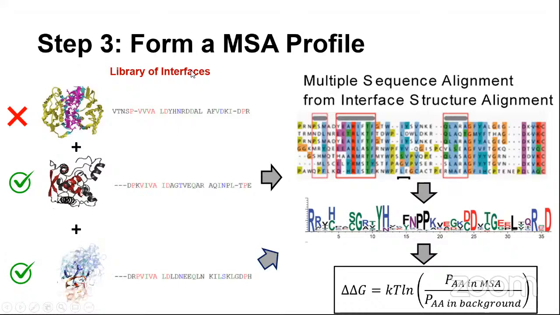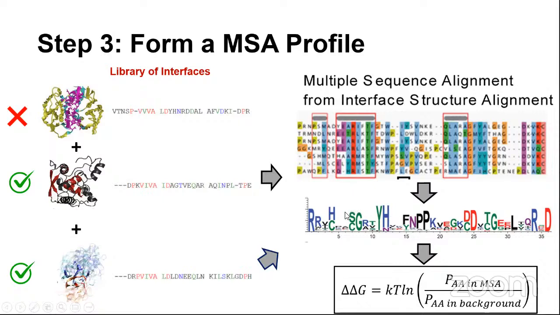From this, we form a sequence profile similar to what SciBlast would get. In the first one, this was too dissimilar, so we eliminated it, and the bottom two are kept because they have similar interfaces.